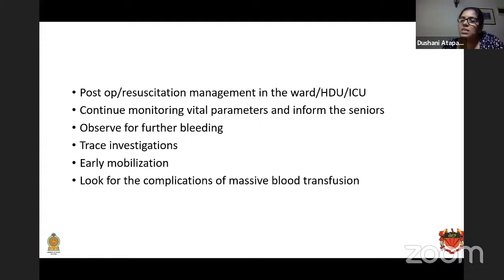So as I said, you adhere to your local protocol and give blood and the blood products. And it is also important to identify when to stop giving blood, and when to tell the blood bank to stop sending blood.